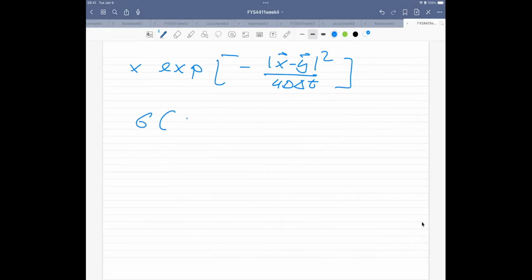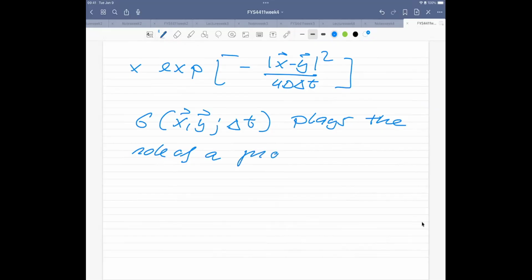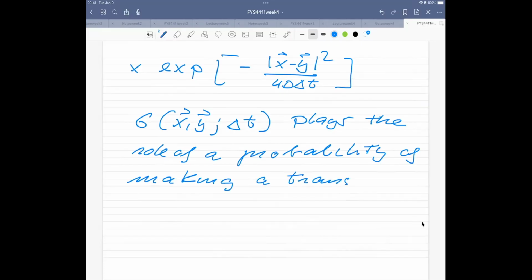And this function G of x, y, delta t plays the same role as a probability distribution, the probability of making a transition from a position or a configuration, if we want to be more general, from y to x in a time step delta t.